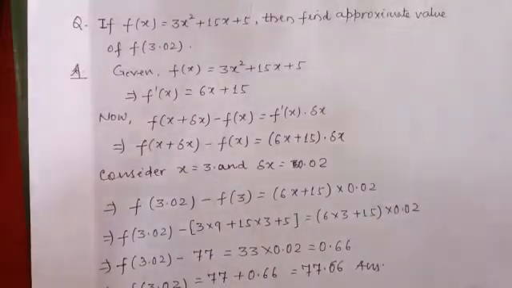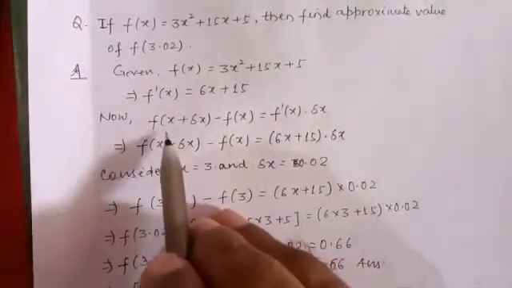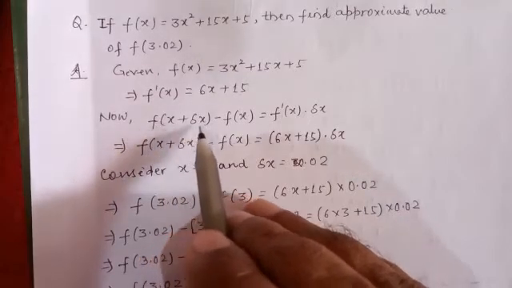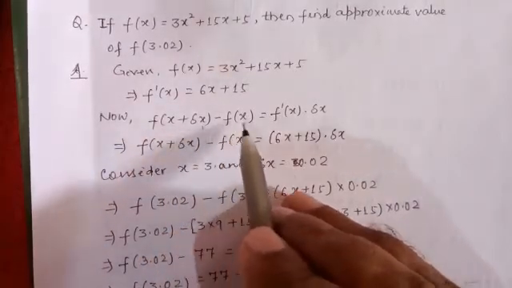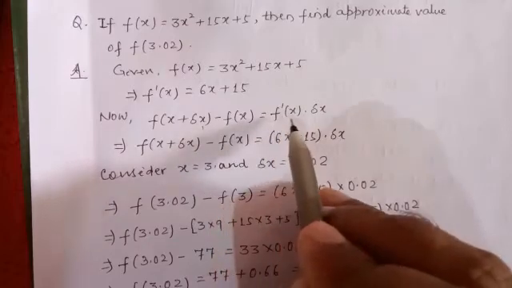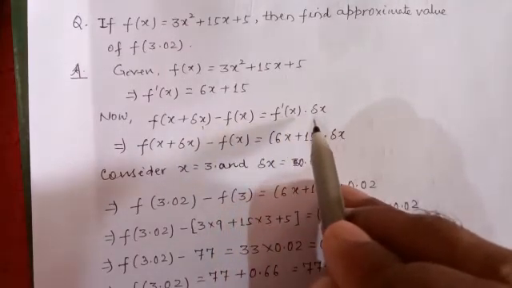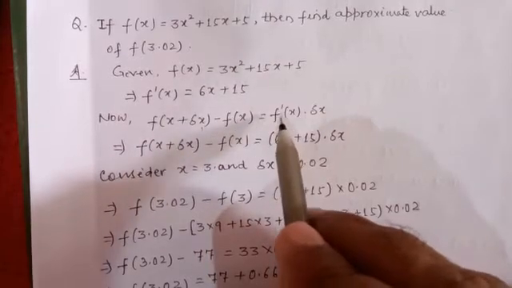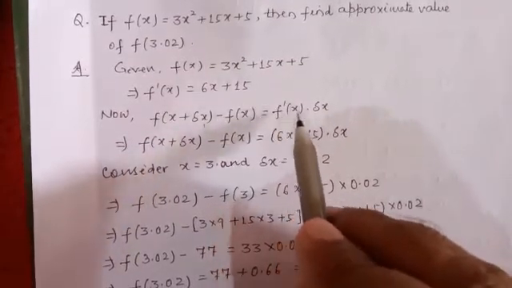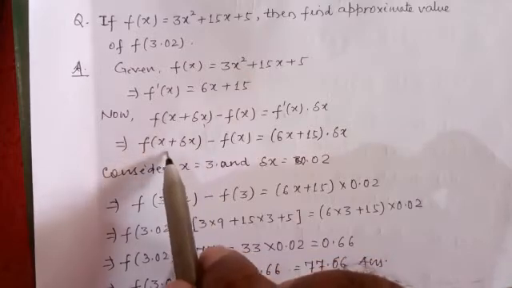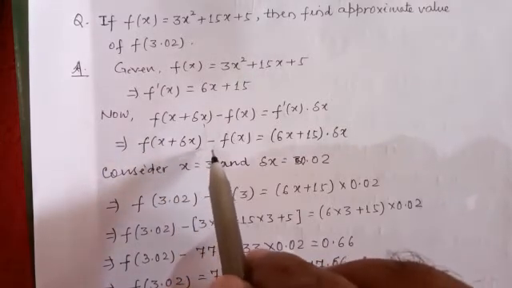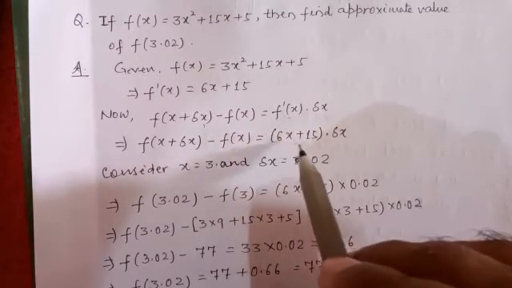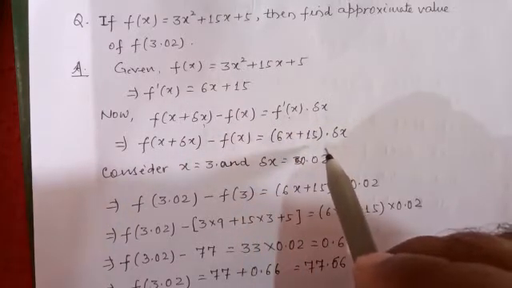Again apply the formula for approximation. Means f(x plus delta x) minus f(x) is equal to f dash x into delta x. Just write down the value of f dash x in the very first step. So f(x plus delta x) minus f(x) is equal to 6x plus 15 into delta x.